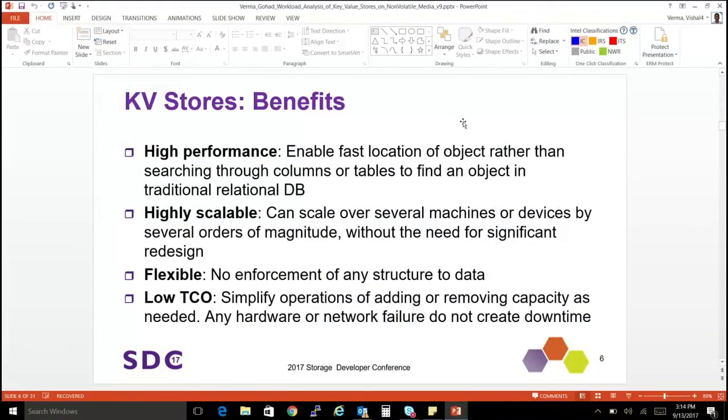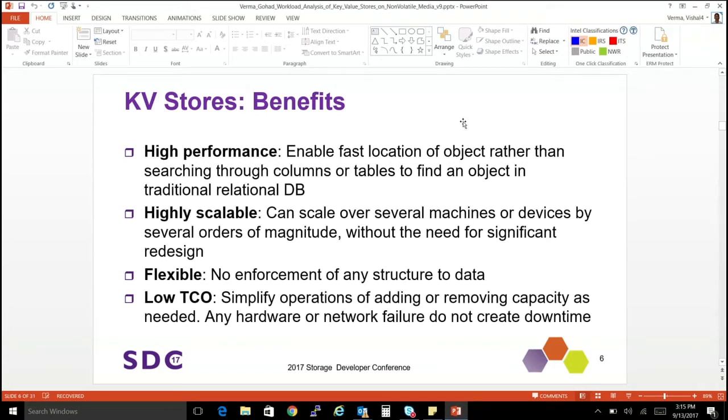So what are the benefits of using key-value stores? Since there is no enforcement of any structure on the data, in terms of performance it's highly scalable and highly performant, because the application has flexibility, there is no structure on the data, and it provides a low TCO.